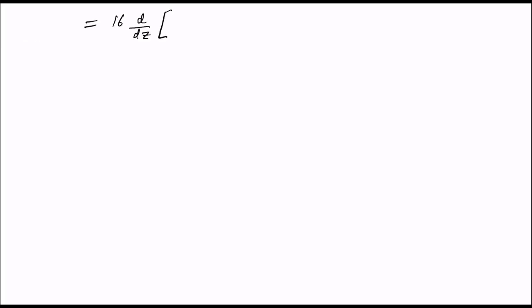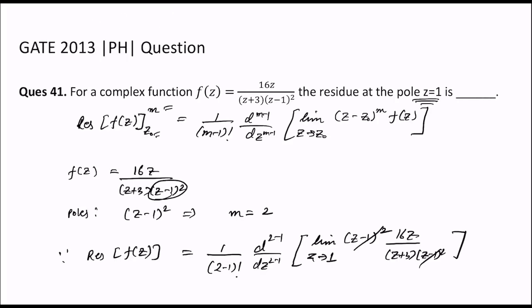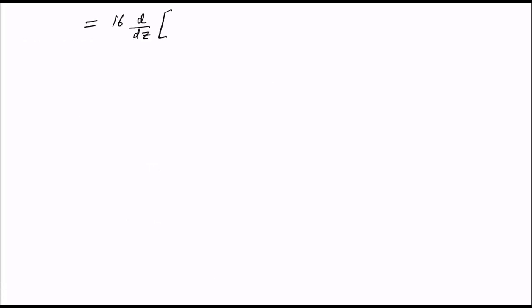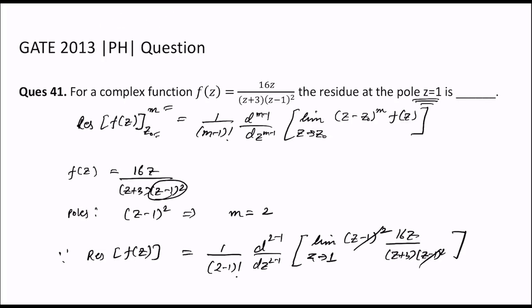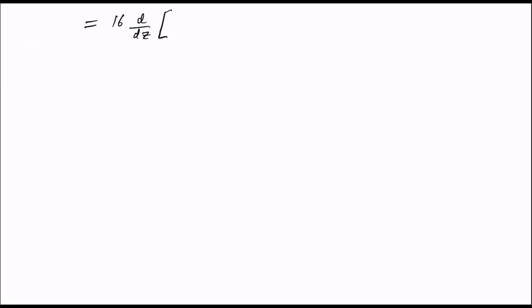My pardon, it's not that we put the value of 16 first; first we do the calculation. So 16 will just come out, and we will have d by dz of z upon z plus 3, at z equal to 1. So we have to calculate this.